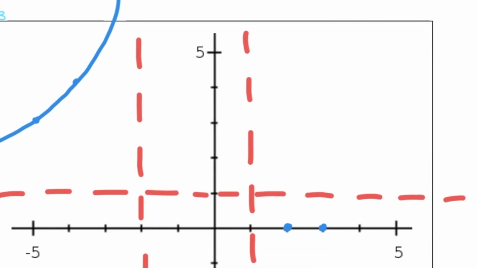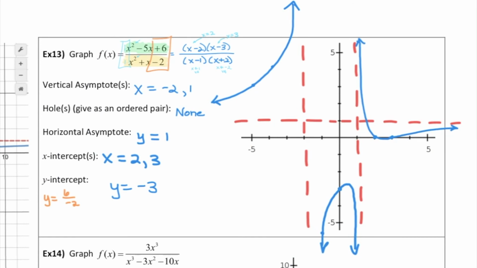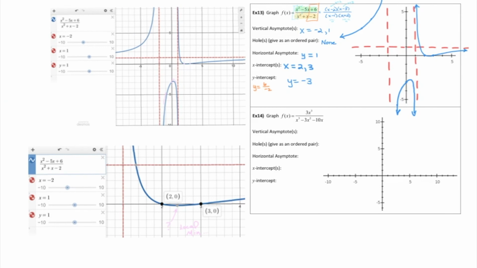So the graph comes down near the asymptote there, barely goes through the x-axis like that, and then as you get out to 4, it starts to come up slowly toward the asymptote like that. So there's number 13. Take a look at that. Make sure that you are okay with each piece of that graph.